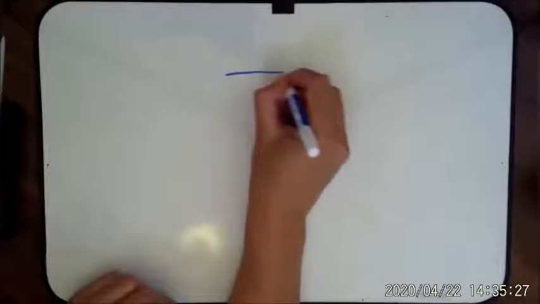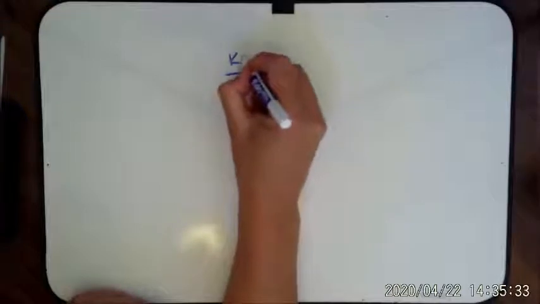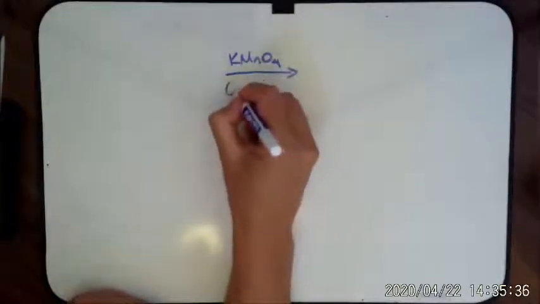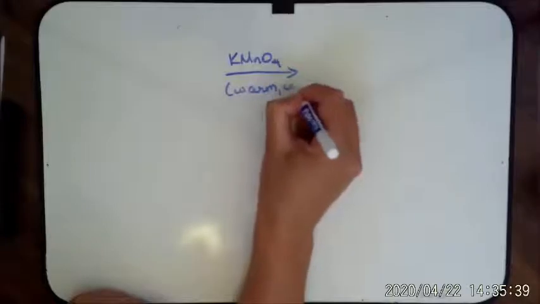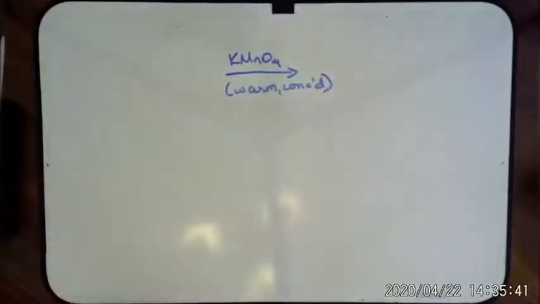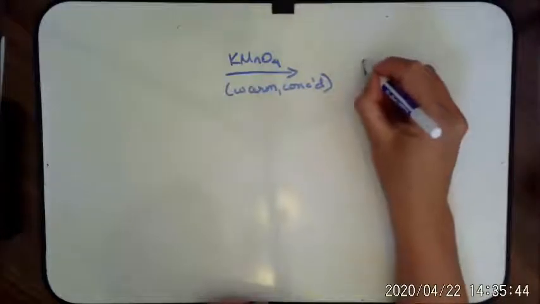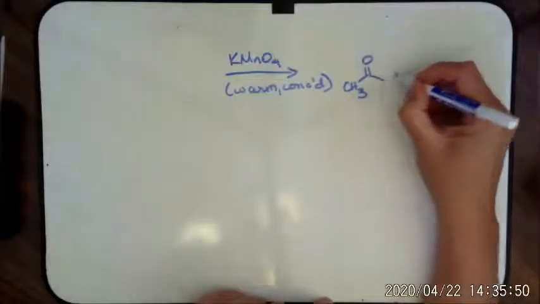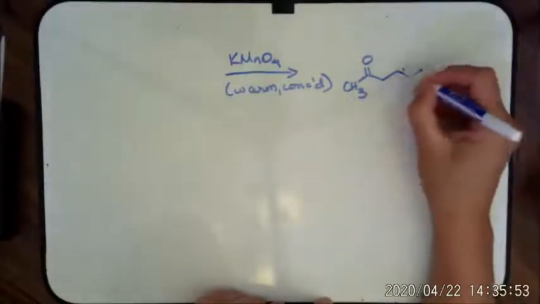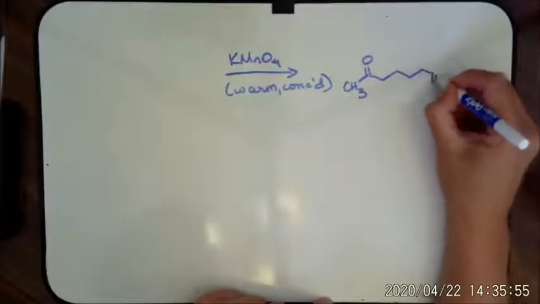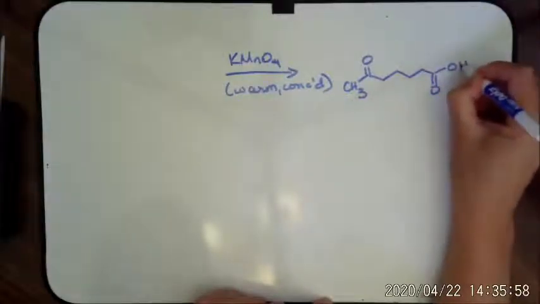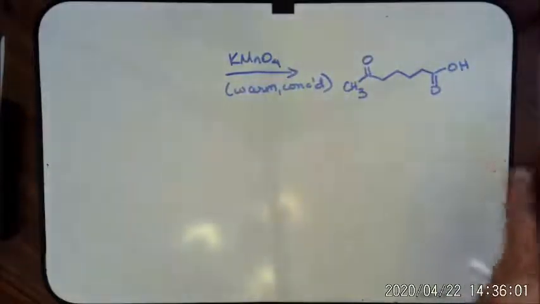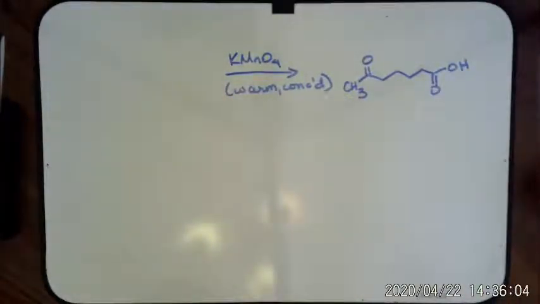Suppose you had some unknown compound and you subject it to, let's say, potassium permanganate that's warm and concentrated. And you get something like this.